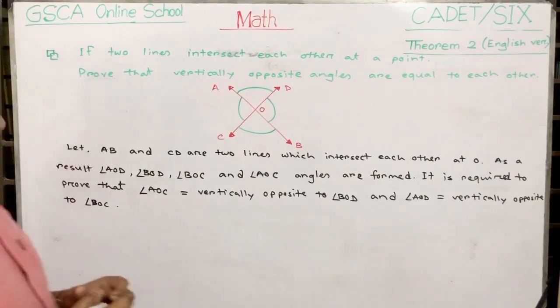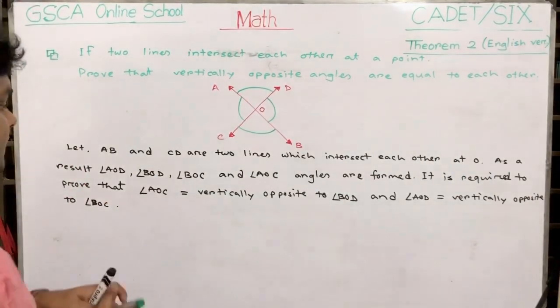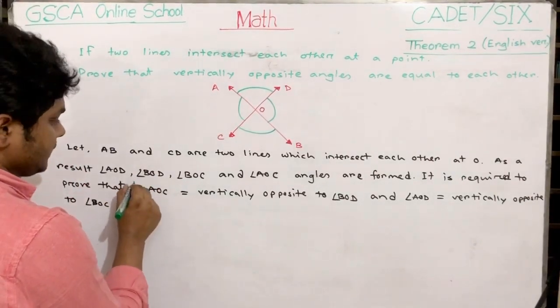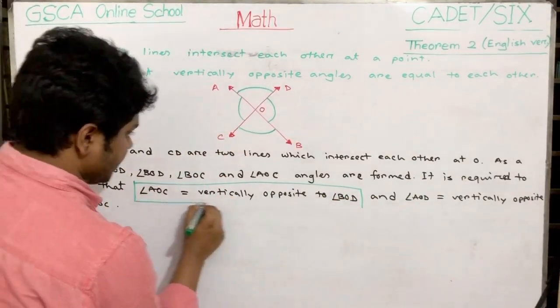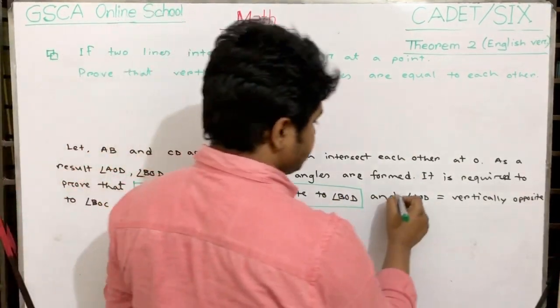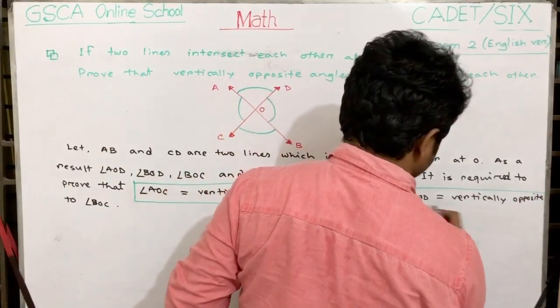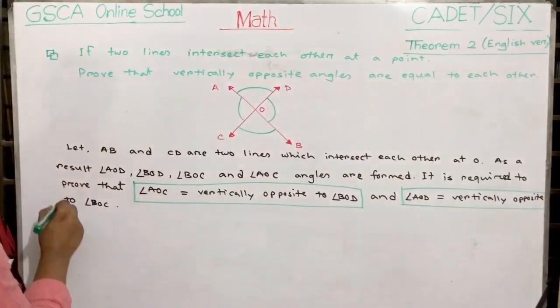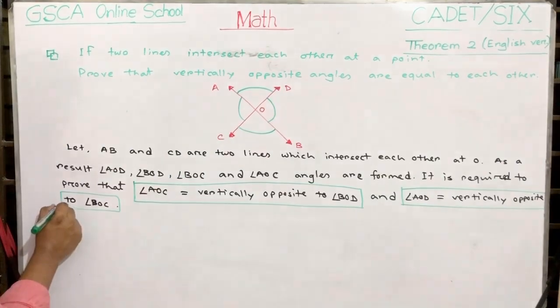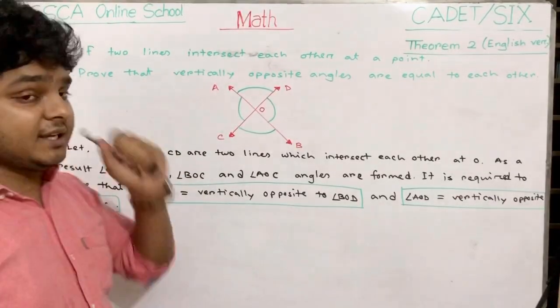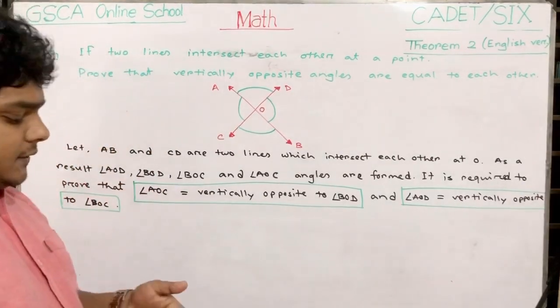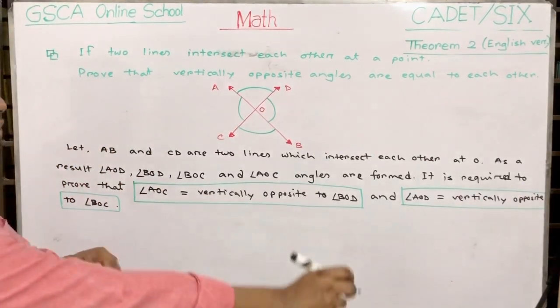Okay, so it's our particular enunciation. I am marking what we really need to prove. Okay, these two will be proved. Now, here no additional drawing is necessary, so we'll just jump into the proof.